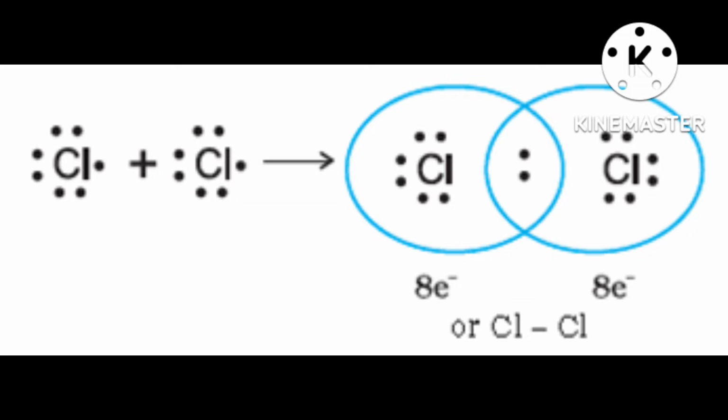Second, valence shell electron pair repulsion, in short VSEPR theory. Third, valence bond theory, VBT. And one more theory is there, molecular orbital theory, MO theory. These theories were put forward to answer these questions.